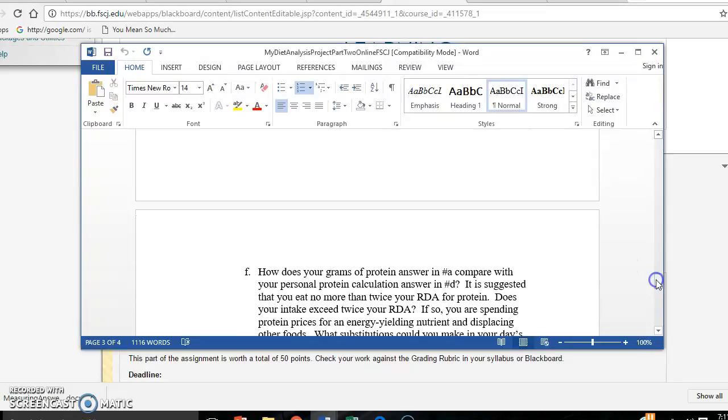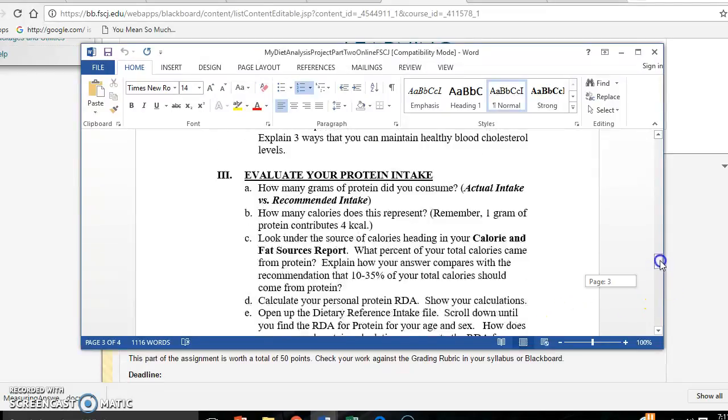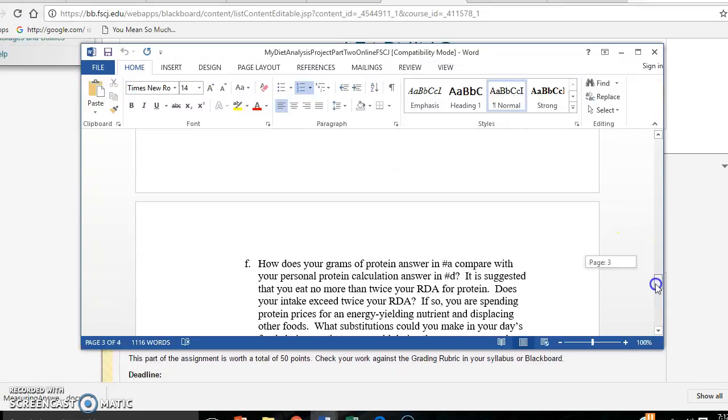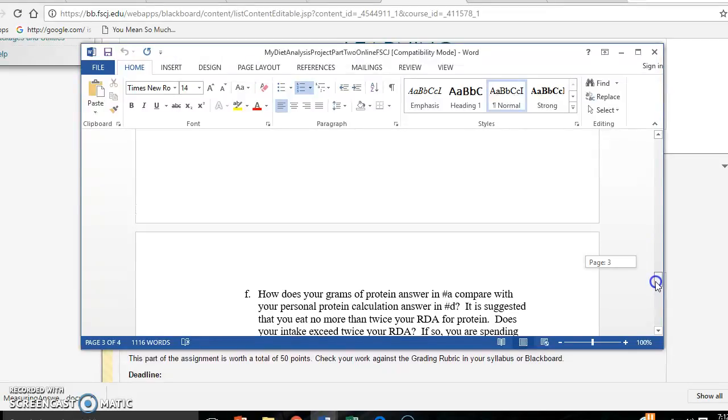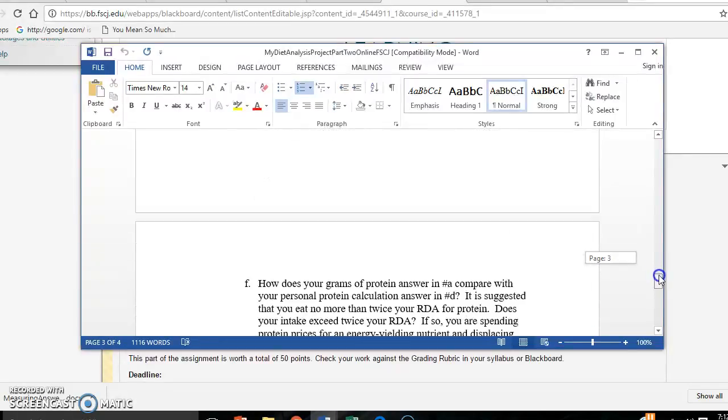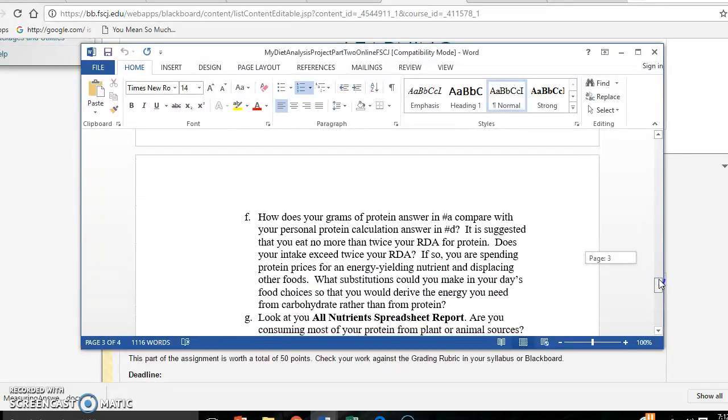In letter F, how does your grams of protein in number A compare? So how many grams of protein did you consume? However many grams of protein you consumed in letter A, how does that compare with your personal protein calculation in letter D? Did you eat twice as much?